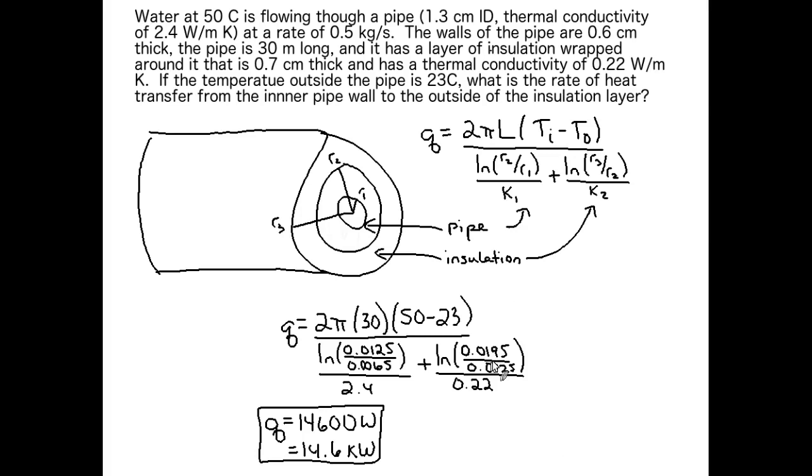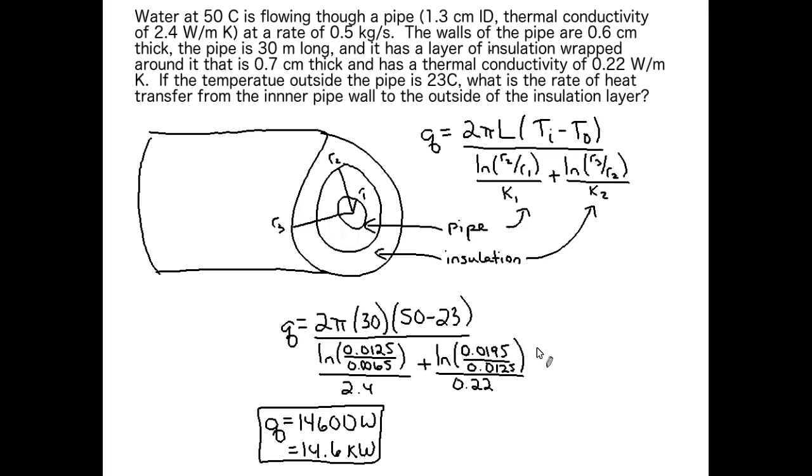So when you add 0.007 to 0.0125, you get 0.0195, which is the outer radius of the insulation. That's where your third radii comes from. So remember, when you're given a certain thickness of insulation, that is part of the radius. So don't forget about the insulation thickness when you're trying to figure out what's the radii of my insulation.